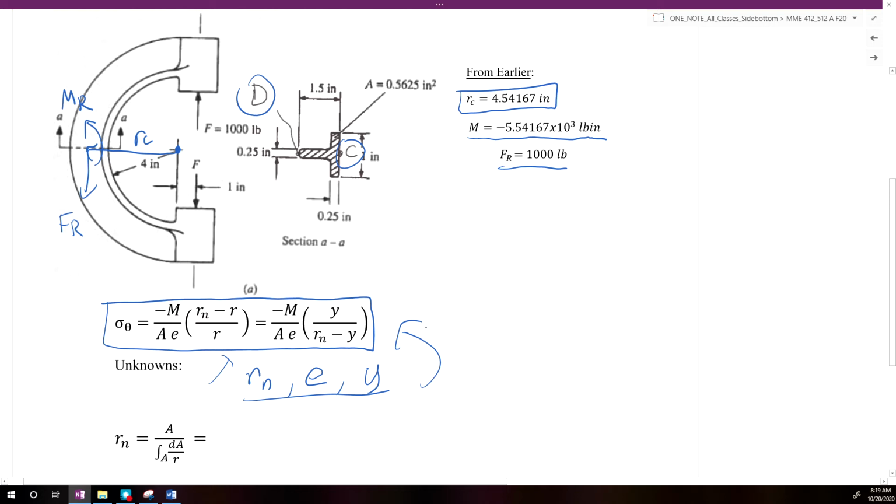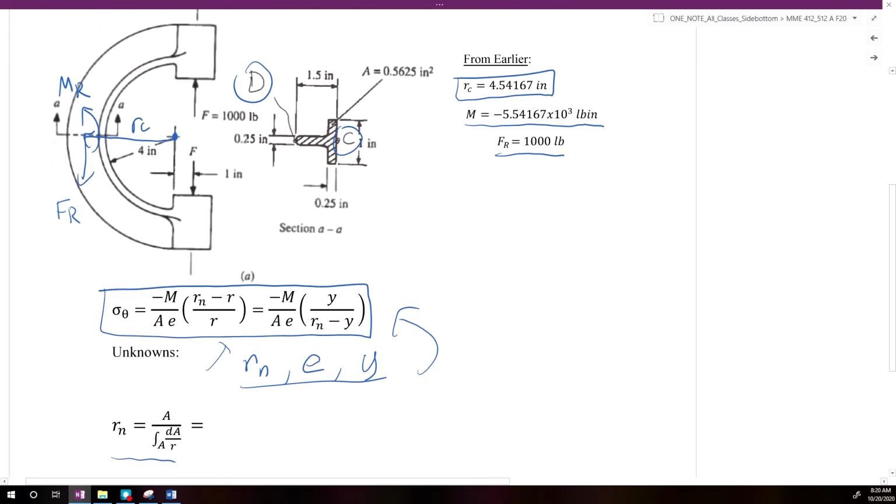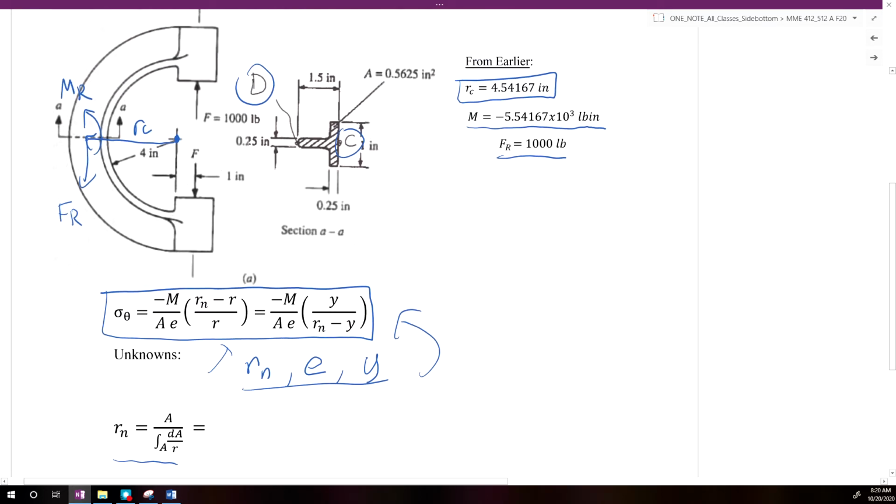All right, so first things first, we need to calculate what Rn is equal to. We know Rn is equal to the area divided by the integral of dA over r. Earlier in the problem, the area from the problem statement is given to us as being equal to 0.5625 inches squared. So we can just plug that in.